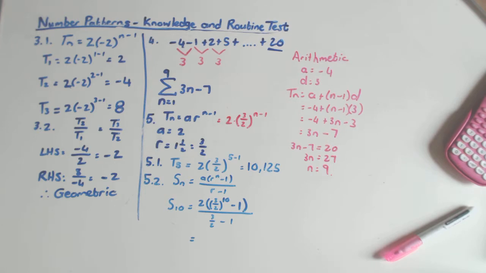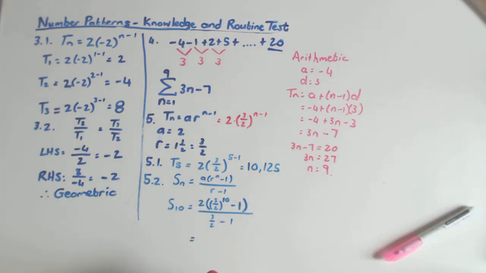If you have your calculator close by, work this out on your own and see if you get the same answer as me, because a lot of the times just pressing one wrong button gets you the wrong answer, and practicing working things out on your calculator while you have someone next to you giving you the right answer so that you can check your answers is a good idea.